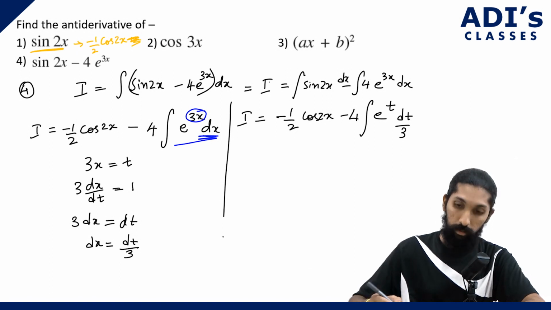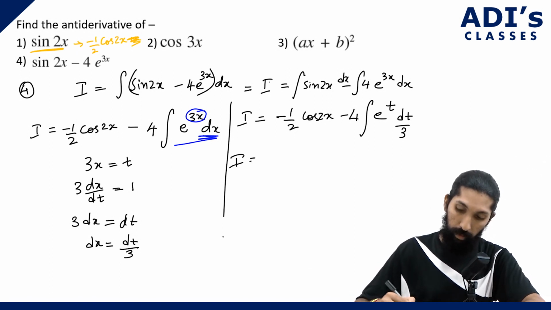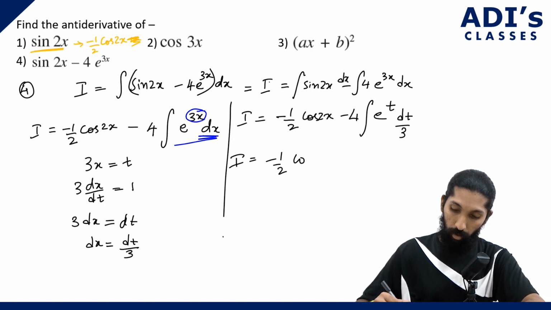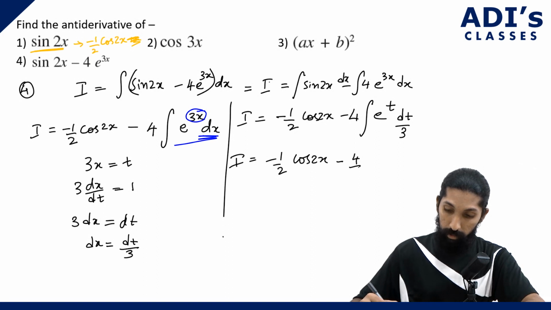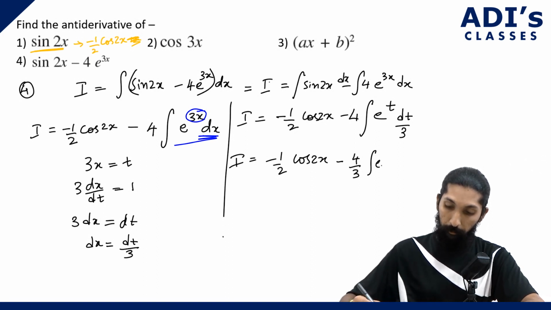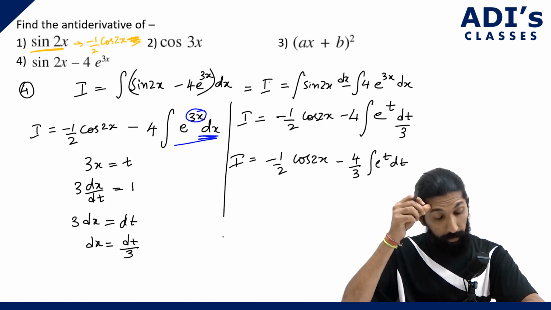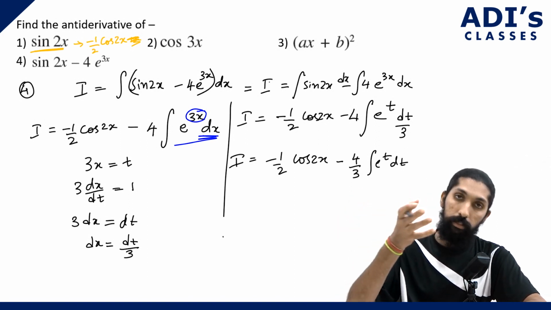So you are going to get the answer as I is equal to, now minus 4 by 3 integral of e power t dt. What is e to the power of t integration? It's e power t itself, correct?